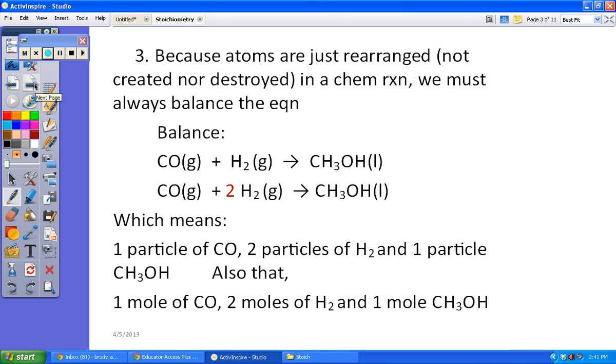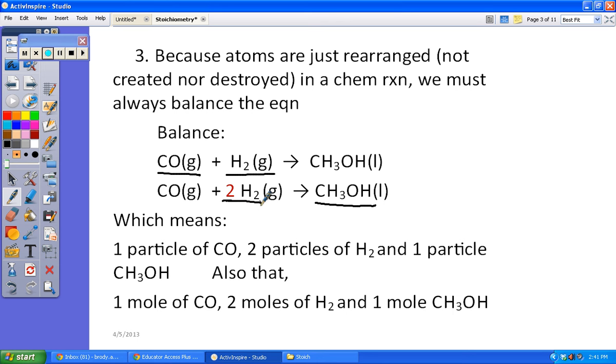In the case here, this is just an example with carbon monoxide and hydrogen gas. In order to balance this, we need to put a 2 in front of the hydrogen gas. CH3OH has 4 hydrogens, and as a result we need to have 4 hydrogens on the left side as well.